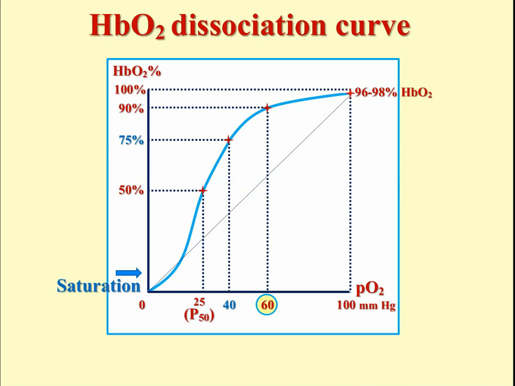So basically it shows that we can withstand hypoxia even until PO2 is as low as 60 millimeters. You see, it is 40% less than the normal value, and still oxyhemoglobin content decreases by less than 10%. So we can withstand hypoxia to a certain degree.